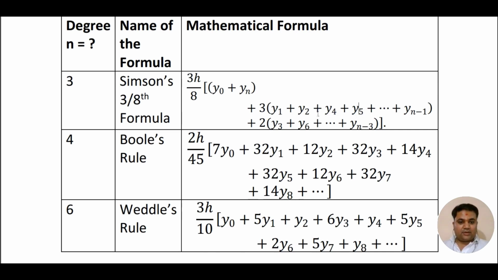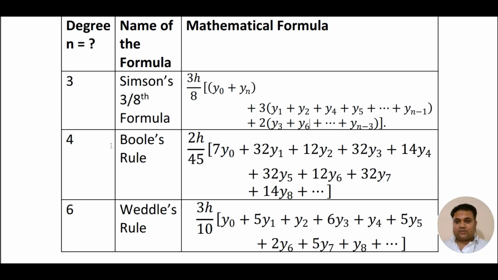You can see the y3 term is dropped, and similarly all the terms with suffixes in multiples of 3 are dropped from this expression, plus up to yn minus 1, and they are nothing but the double: 2 times (y3 plus y6 up to yn minus 3).